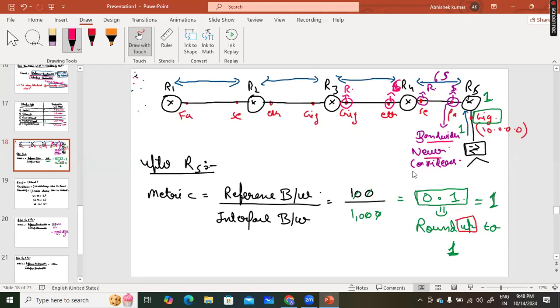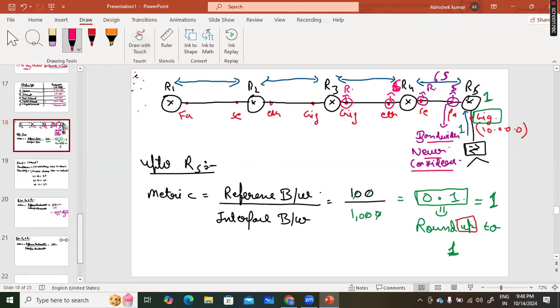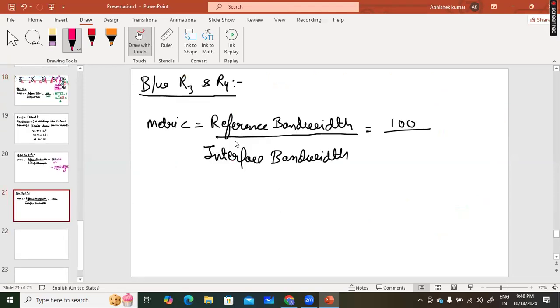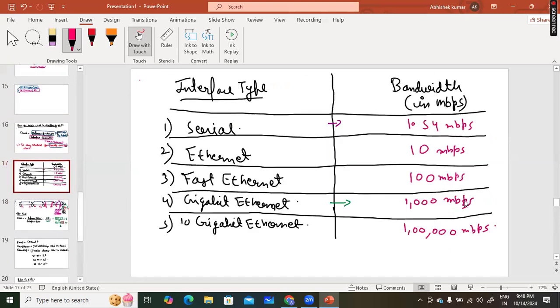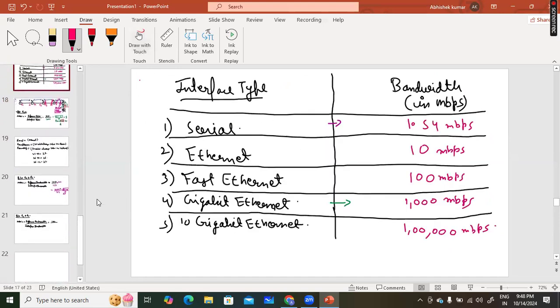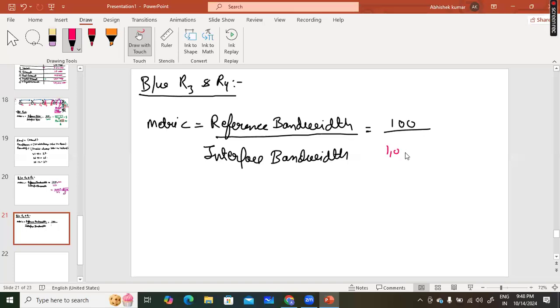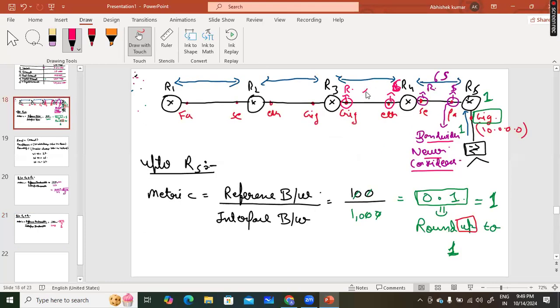It means I have to use GIG. What is GIG? 1000. Just write down 1000. When you solve, you will get the answer as 0.1, which will again round up to 1. Got it, Anu? Yes, sir. Got it.